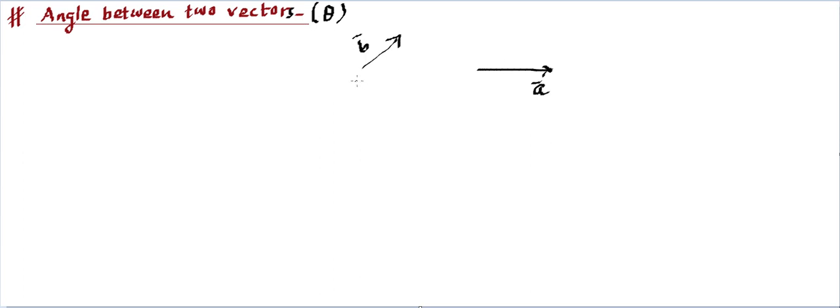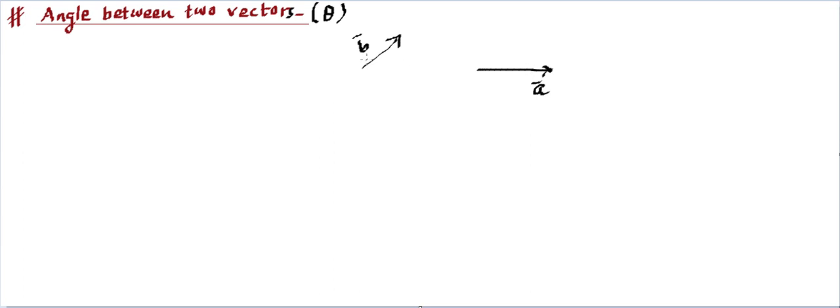So how to decide what the angle between A vector and B vector is? For that, you need to translate one of the vectors from its position and join the two vectors, because we have talked about how when we translate a vector from its location to another location, it does not change the vector as long as you do not change the direction, neither do you change the length, right? So we will take this vector B and join it along with A. How to join? That's an important point.